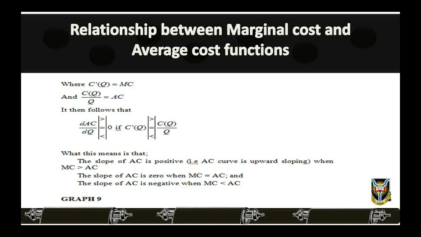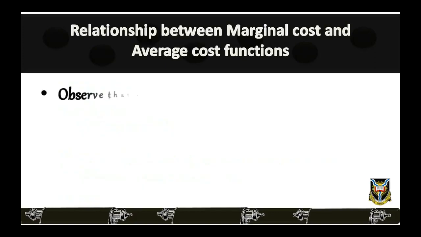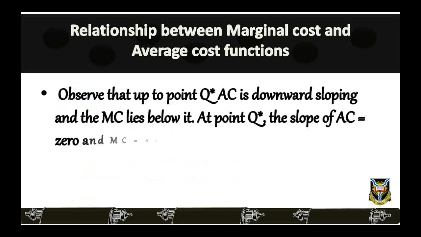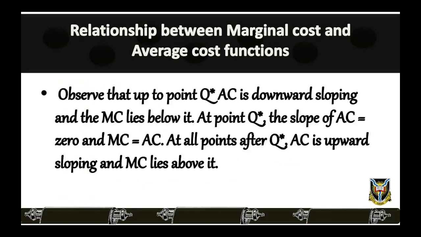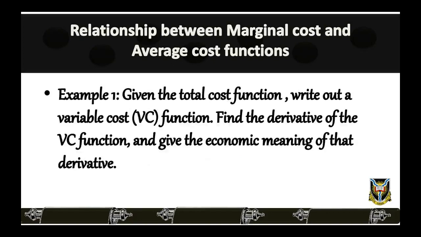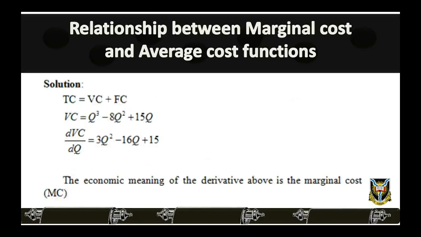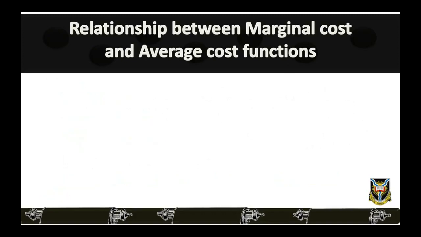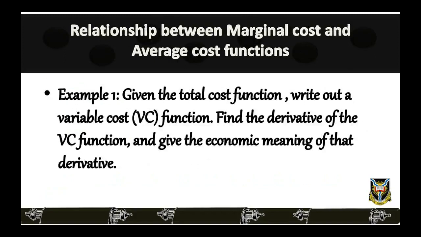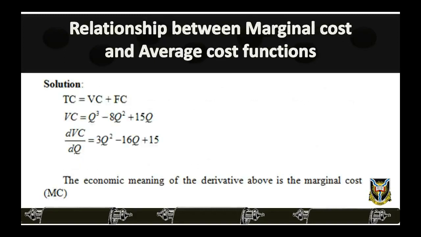Example 1. Given the total cost function TC equals Q^3 minus 8Q^2 plus 15Q plus 30, write out a variable cost function. Find the derivative of the VC function and give the economic meaning of that derivative. Solution: TC equals VC plus FC.